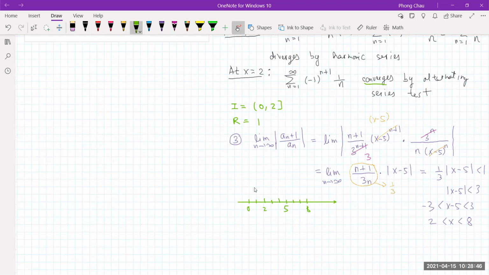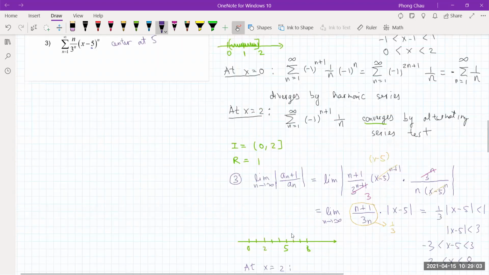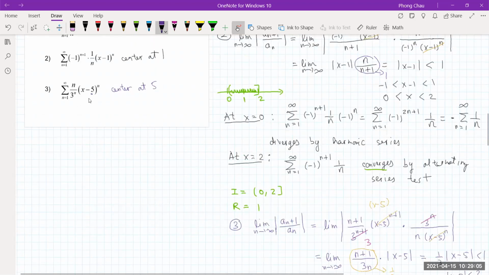Again, I'm going to check the endpoints on this interval. Let's do 2 first. When x is 2, plug in: I have n over 3 to the n, and 2 minus 5 is -3, so -3 to the n.